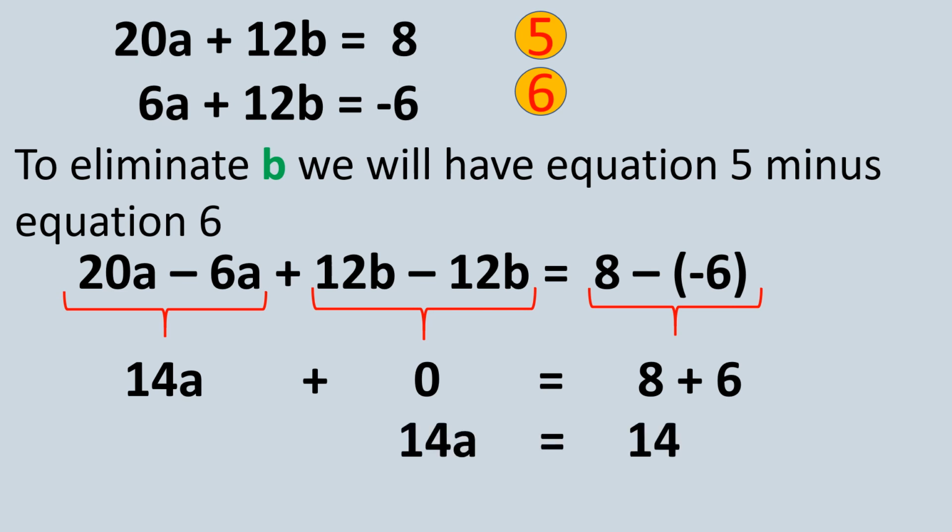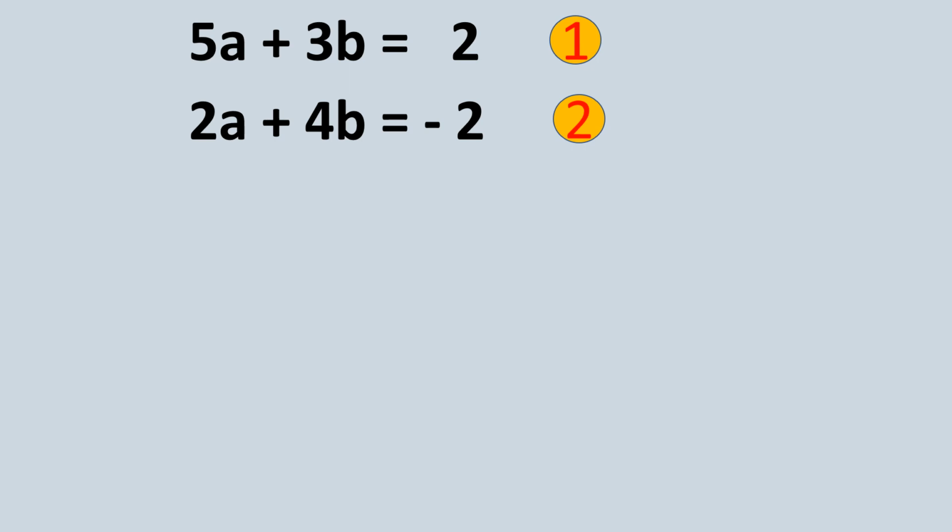At the end of the day, we have 14a is equals to 14, and then a will be 1, because if we divide both sides by 14, we will have a on the left hand side and 1 on the right hand side. So we've solved for a is equals to 1 and b is equals to minus 1.